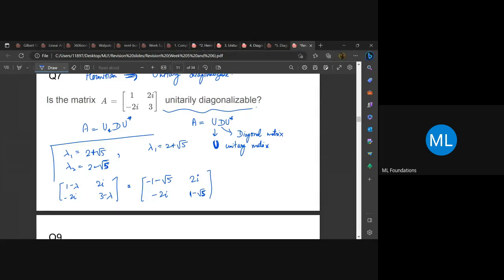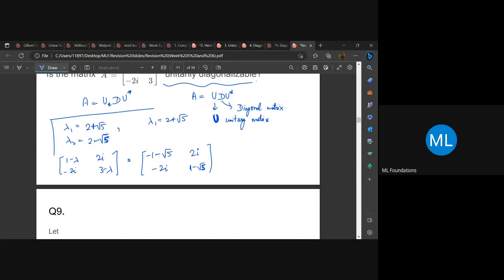Again, you can do this process of row reduced echelon form, or let's just directly solve this.